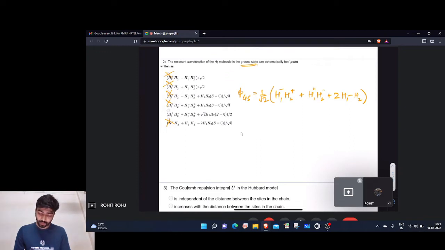Out of all these, the rest are for sure not the correct options, and we are left with one, which matches the ground state wave function except for some prefactors in front of the states. Might be a typo here, which I predict. So the correct option would be option number 5 here.